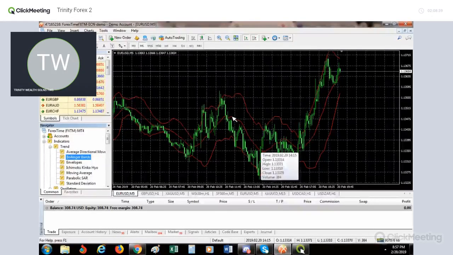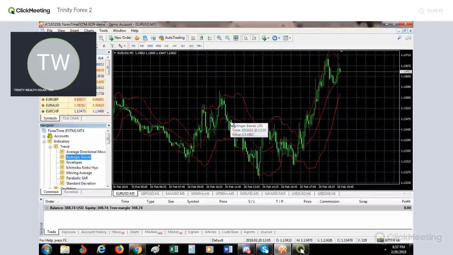If the price is coming from up, it means the middle band is a support line. But if it crosses and the candle closes below the middle band, it means there's a breakout and the market is likely to go down further. But if the market is coming from down, coming up, the middle band is a resistance.